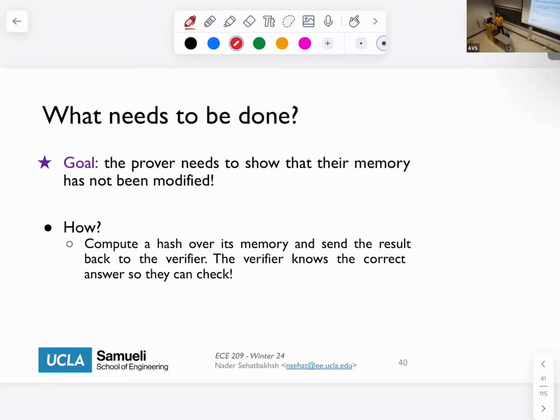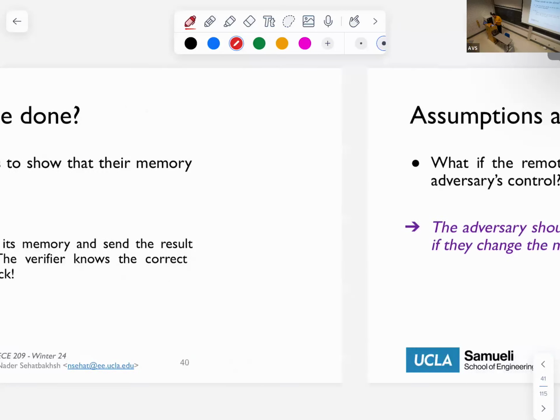Then the verifier also independently computes the hash over the content that it has, or it already knows what that value should be, because they know what the content of the memory should be, so they know the correct answer. They compare the answer sent by the prover with their own locally computed answer. If these two match, it means that the content is the same as before, so we can trust this device. That's the basic idea of what needs to be done in remote attestation.